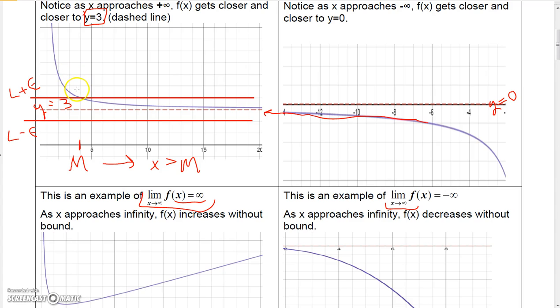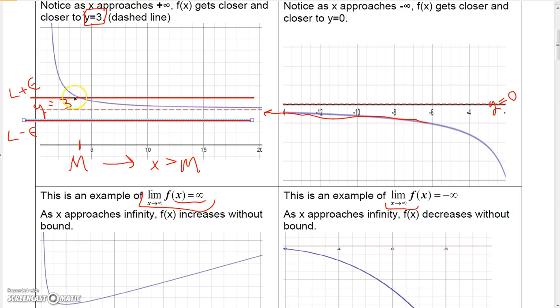Okay, I'm just going to summarize that property or that theorem here. Basically, let's say that you choose an epsilon that puts L plus epsilon where this horizontal line is, and L minus epsilon where this horizontal line is. And we know the limit is y equals 3. So let's see what that says.